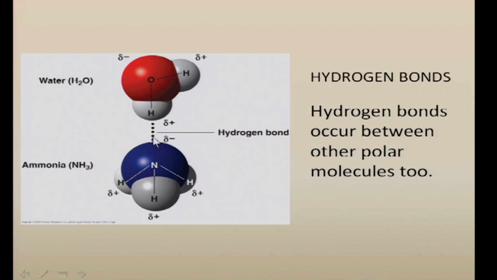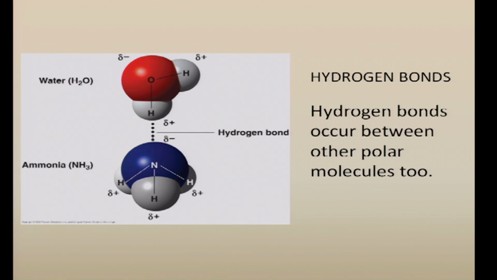Down here, we see that nitrogen is one of our electron hogs. So that nitrogen is sucking the electrons from the hydrogens that it's paired with. And the result is that nitrogen is kind of negative. So they get together and they form a temporary and weak attraction known as a hydrogen bond. Again, a hydrogen bond is going to be between a partially positive hydrogen and a partially negative something else.